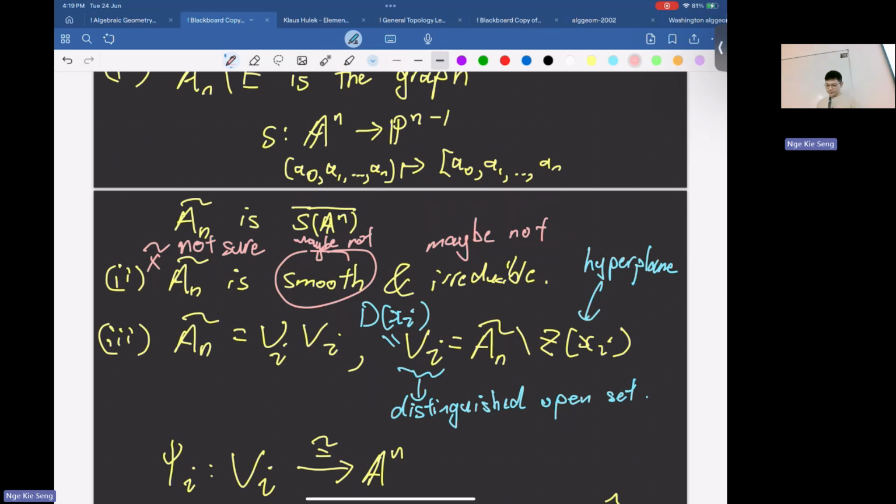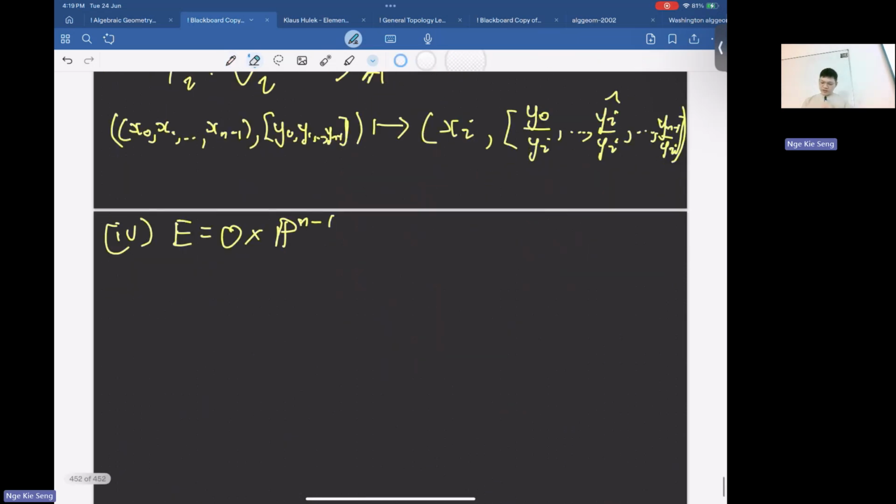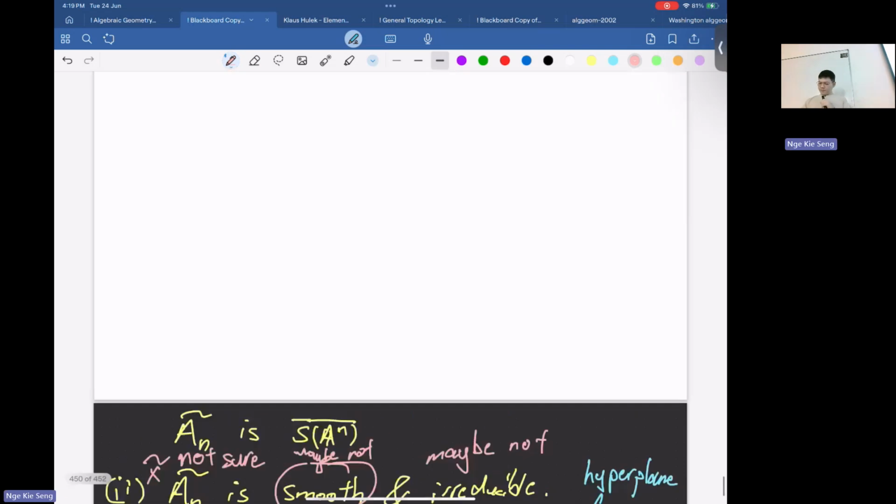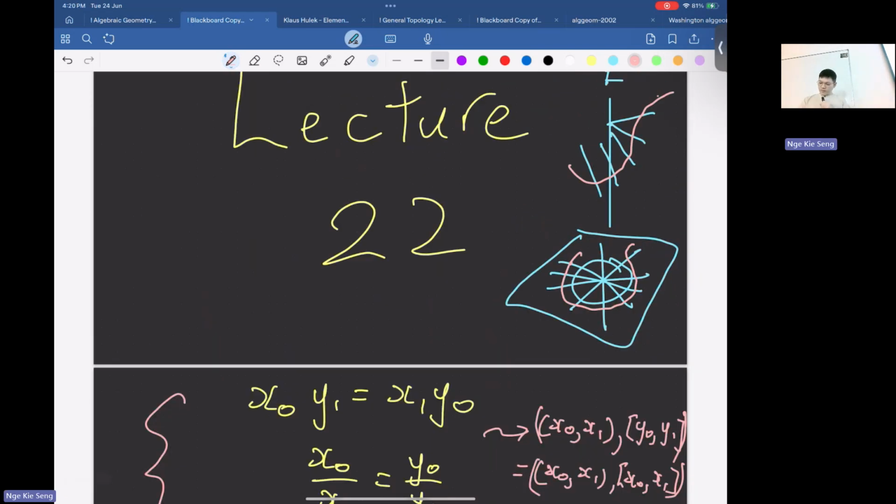One very interesting thing about this E_X: yesterday we showed that if you look at the exceptional divisor of X, it is X cross with the projective cone of X. So last time, remember, after we blow up, let's say this point here will pass through here.